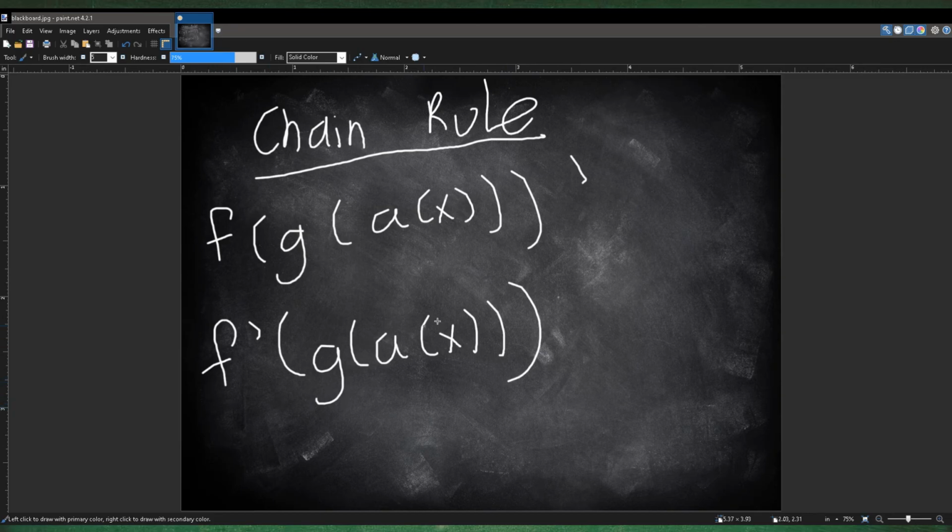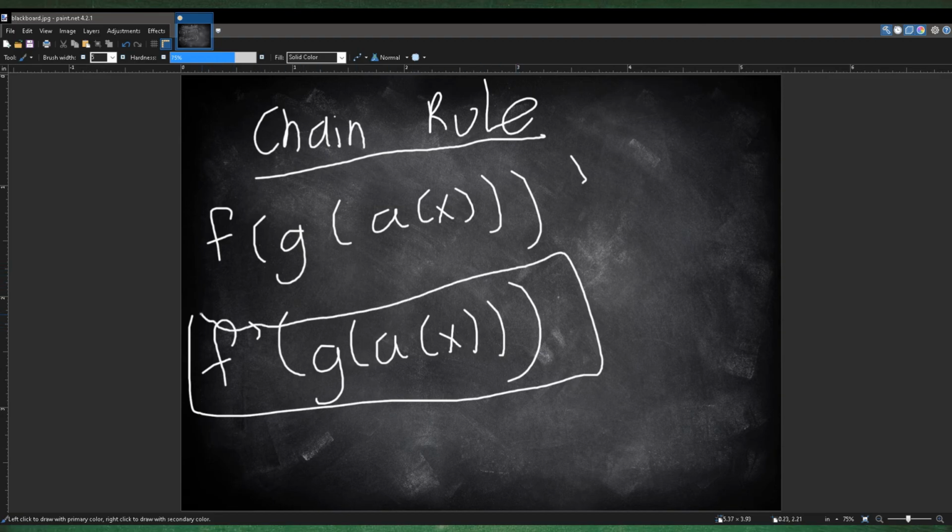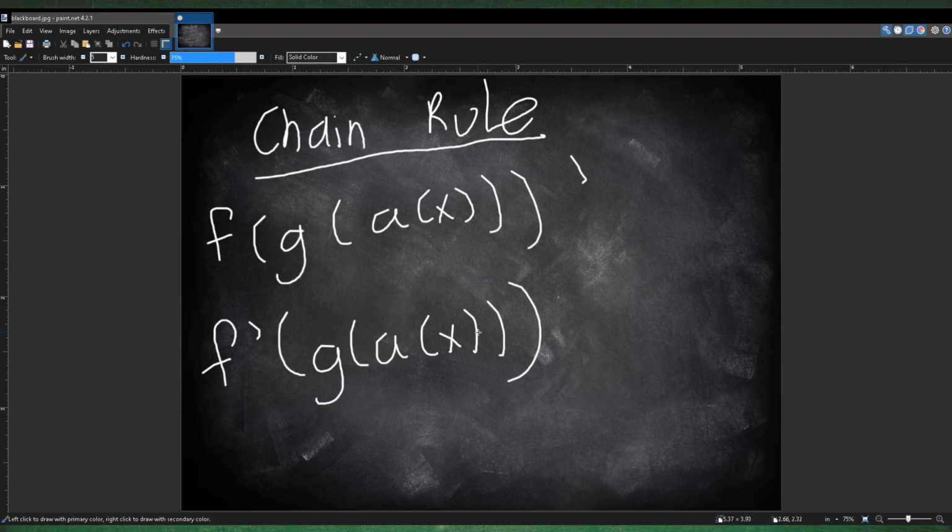That's how you chain it. So where does the chain part come from? You multiply this by the derivatives of the other equations. This is your first chain, and then you multiply it by the equation inside.